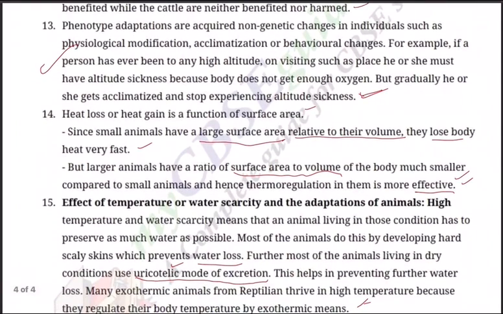Question number 14. Heat loss or heat gain is a function of surface area. Since small animals have larger surface area relative to their volume, they lose body heat very fast. But larger animals have a ratio of surface area to volume of the body much smaller compared to small animals, and hence thermoregulation in them is more effective.